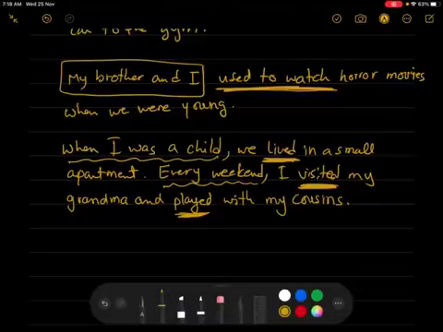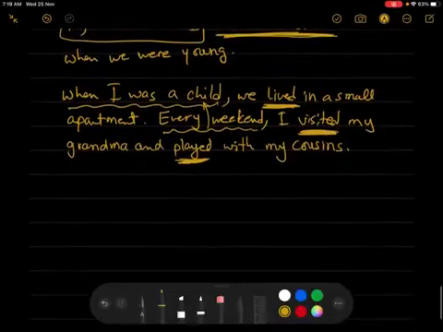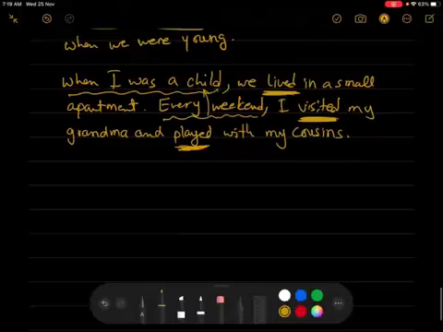Every weekend when I was a child, that's the meaning of it. I visited my grandma, I used to visit my grandma and played with my friends. Okay, so we use past simple in order to express past habit or a past situation.